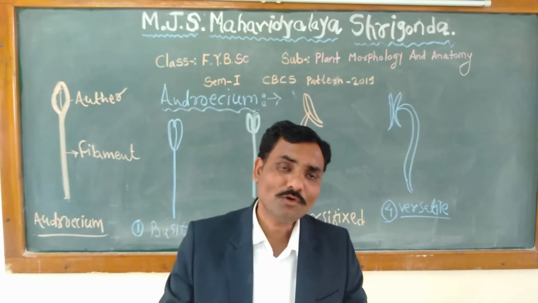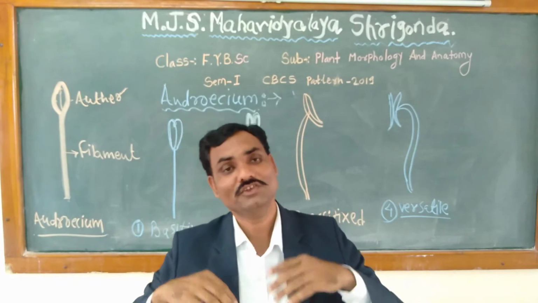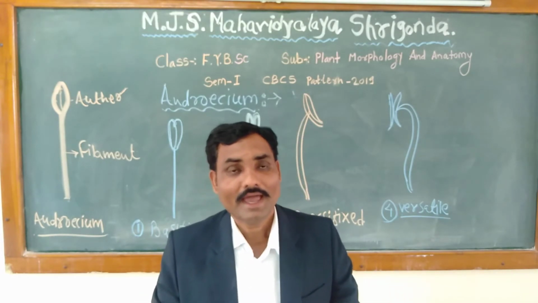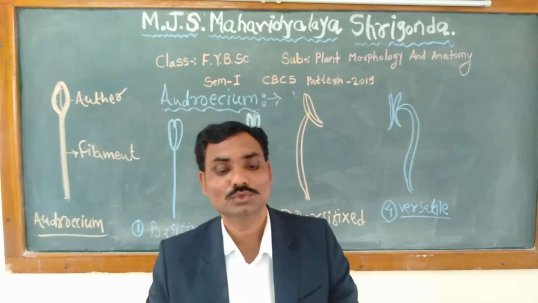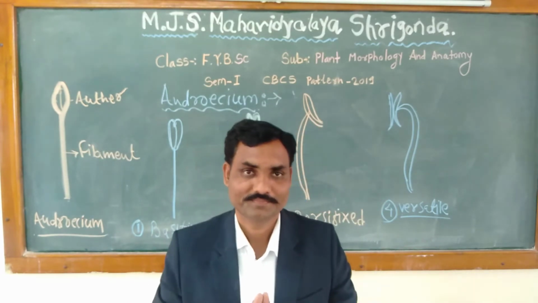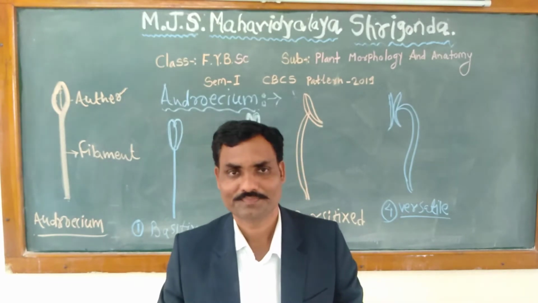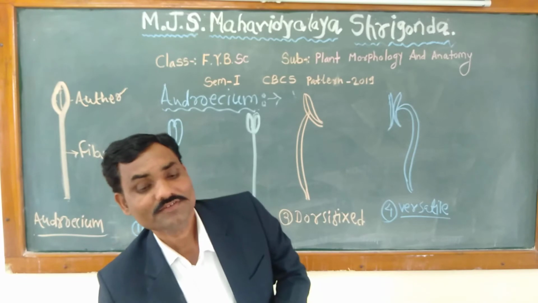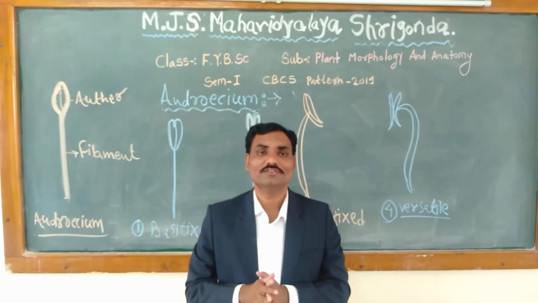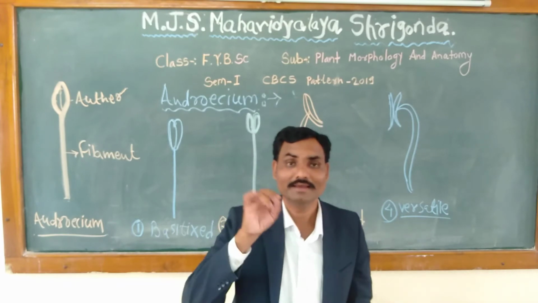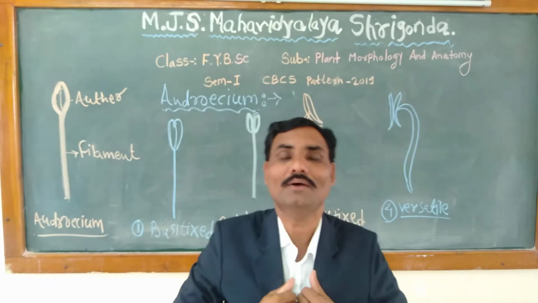When the microspores fall on the stigma, they germinate, and on germination they give rise to male gametes. Stamens are the main reproductive parts, and therefore stamens are called the male reproductive part of the flower.